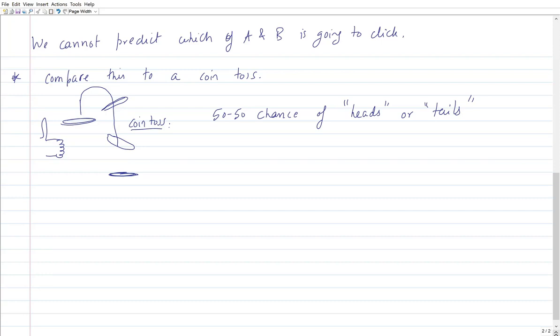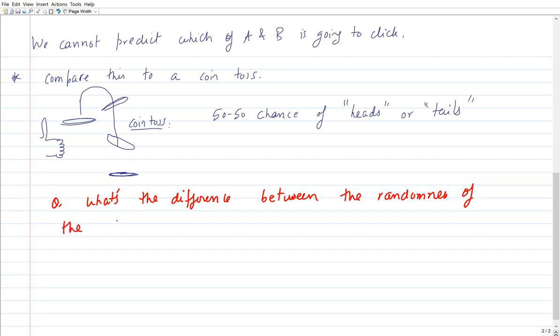Interesting. So the question that arises at this point of time is, what's the difference between the randomness of the photon beam splitter detector setup and the coin toss?